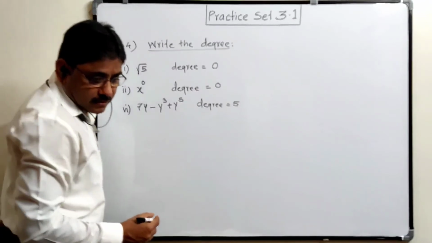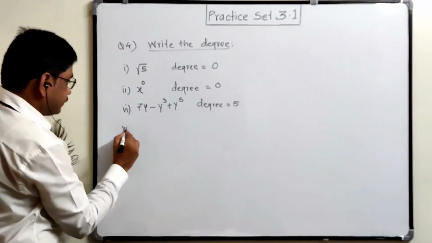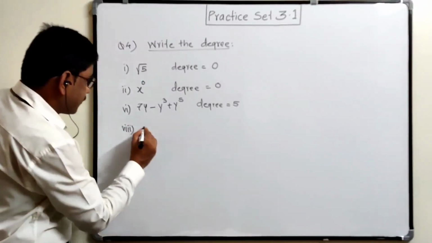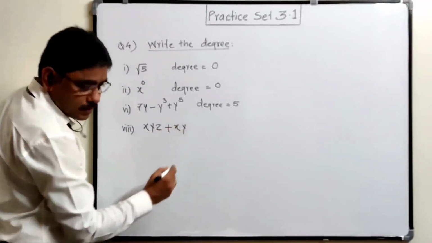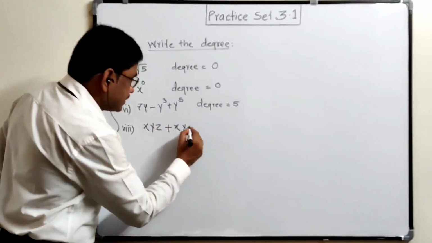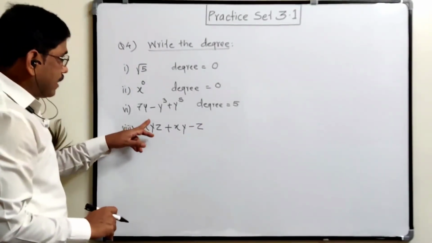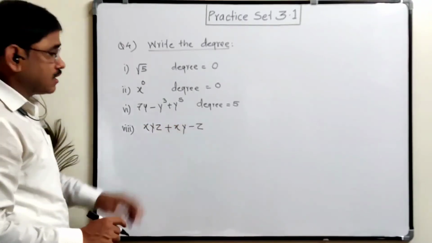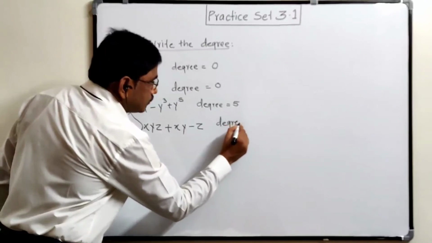Now let us see that example with two variables. Seventh one, 3 variables x, y, z. Here 3 variables are there, plus x, y minus z. So here sum of, here 1, 1, 1, sum is 3. Here 1, 1, sum is 2, and here sum is 1. So degree is 3.